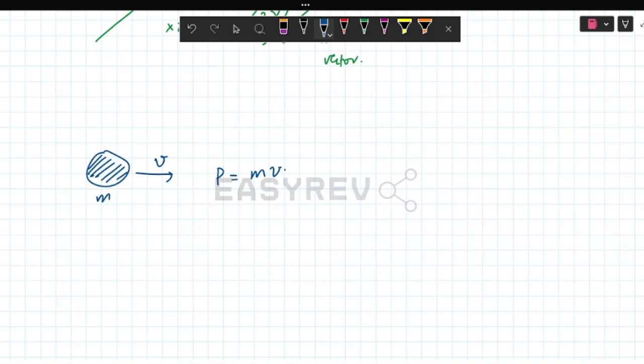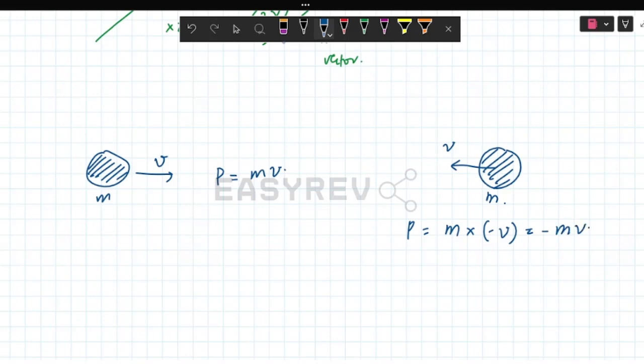However, if it were the same object moving in the opposite direction, the convention that we stick to is that when it's towards the left, we give it the negative sign. So it would be m times minus v equals minus mv. So just keep in mind that you might have situations where negative signs occur, and that's merely a change in direction, or the opposite direction to be precise, right?